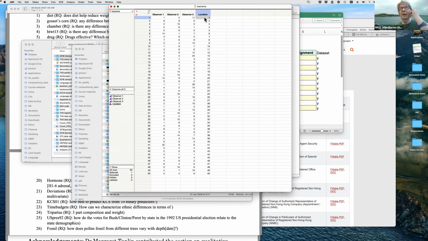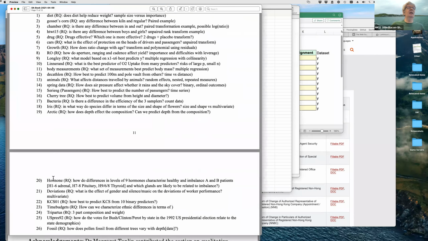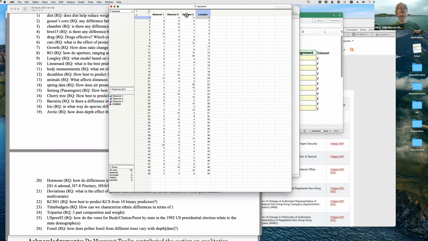So this is count data, but it's multivariate count data, so we're not going to look at that component. We just want to try and answer the question I've written in here: is there a difference in the efficiency of the 3 samplers? In other words, do some of these 3 samplers or observers tend to give higher counts than others?